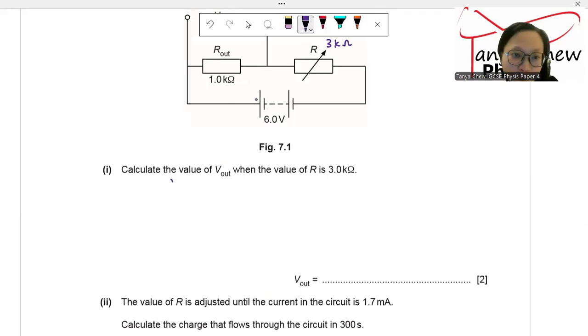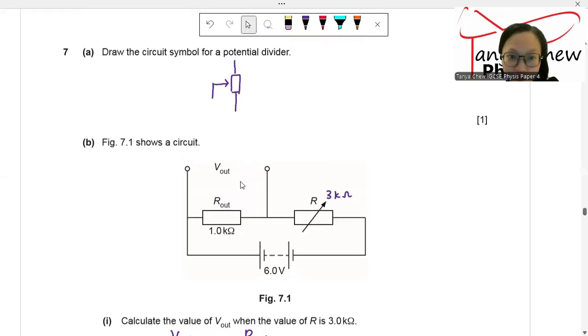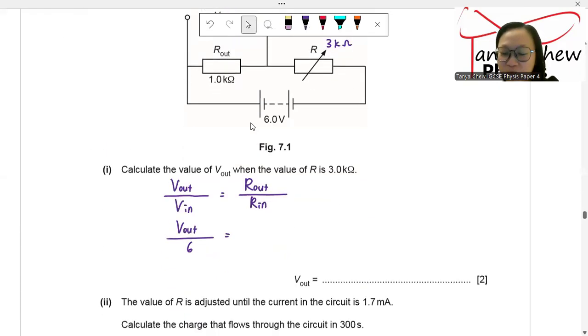So I'm going to use the ratio of V output over V input is equal to R output over R input. R input is related to total R. V output is the one that you need to find. V input is given total V, which is 6. R output is the one that is being connected to V output, which is 1 kilo ohm. Remember? So I just put 1 here because both are in kilo.